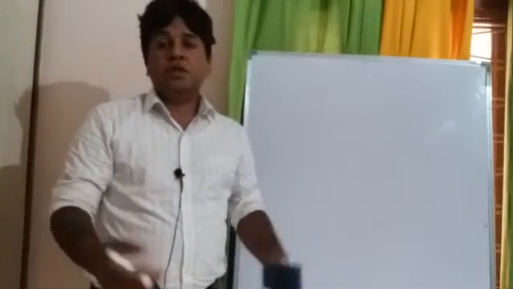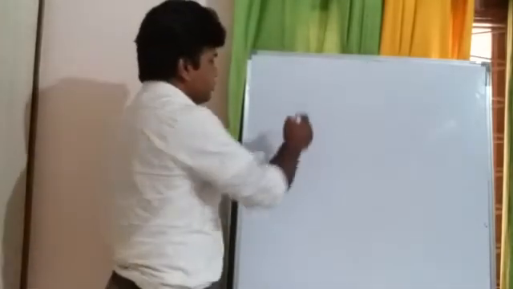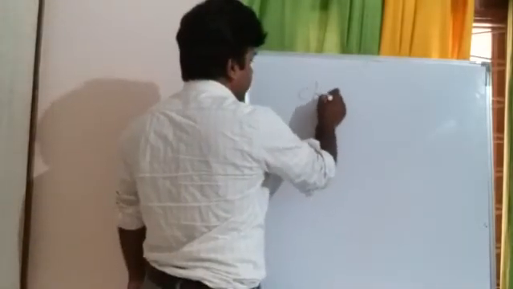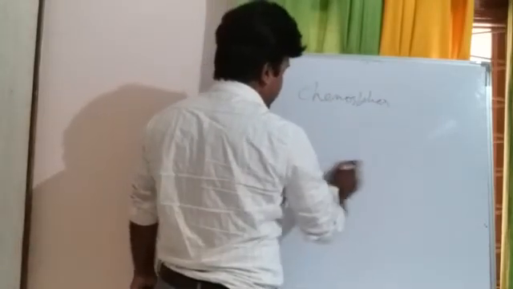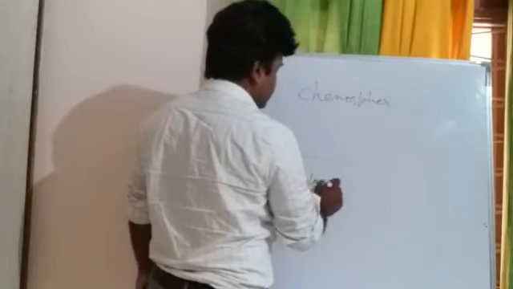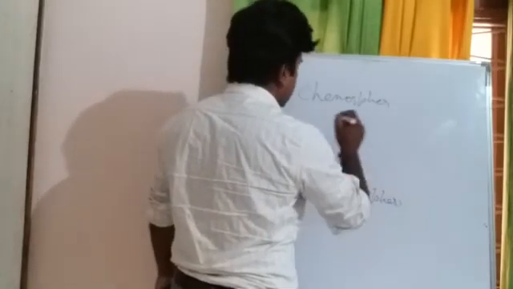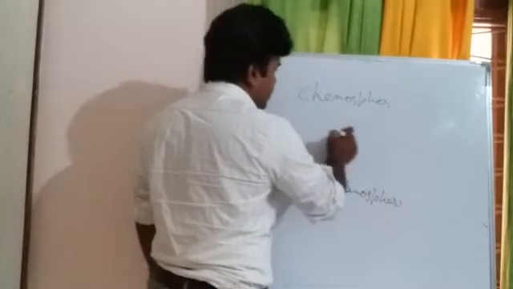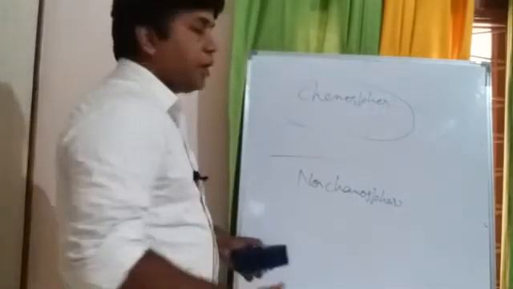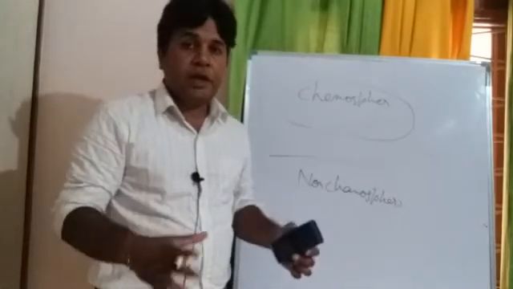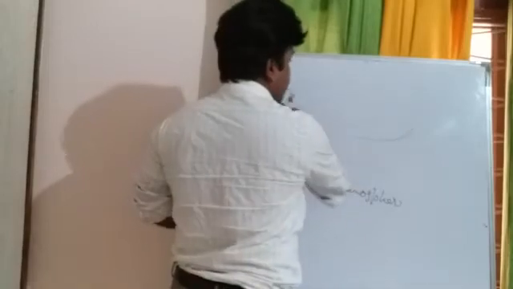Then on the basis of chemical reaction also, you can classify the atmosphere into two: chemosphere and non-chemosphere. The chemosphere is the part of the atmosphere where chemical reactions take place, because here ozone is formed.